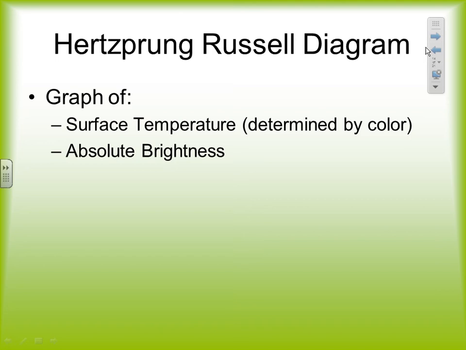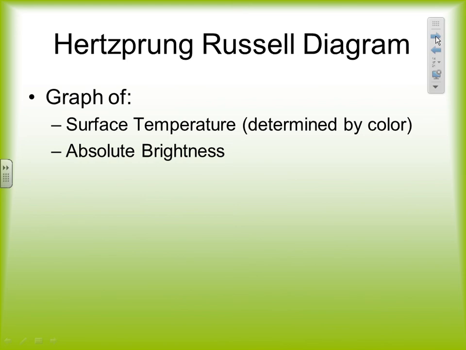And then the absolute brightness, which we have to sort of figure out, right? Because absolute brightness is not what we see here on Earth. We see apparent brightness. So we have to put a couple of different things together about the composition and what percentage of hydrogen to helium it has, et cetera, to get us the absolute brightness.